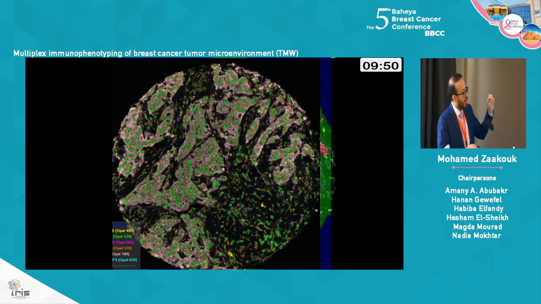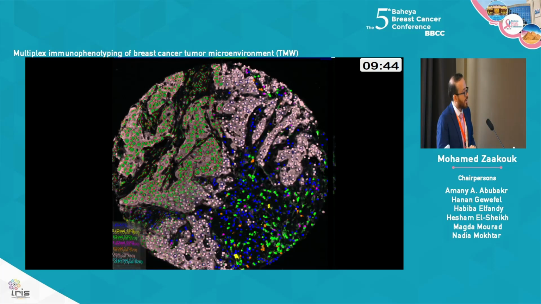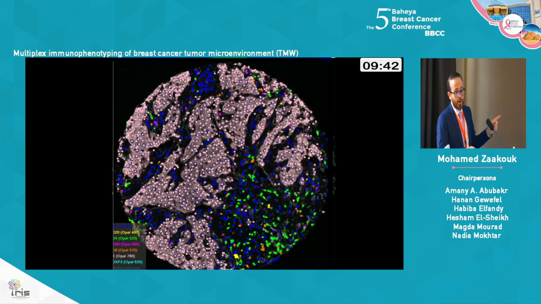The main marker to delineate the nuclei is the DAPI stain, and this is the phenotyping. We train the software that, for example, this is a cytokeratin one, the pink one, the green one. We use them individually on the software.